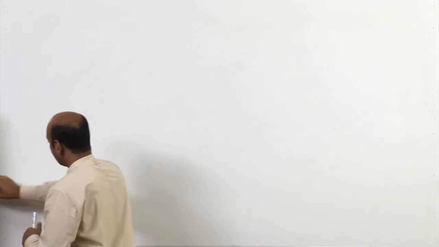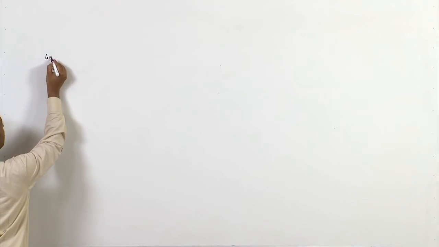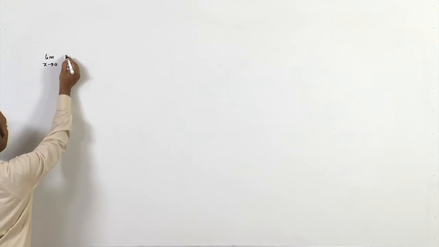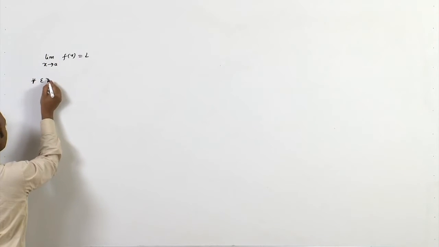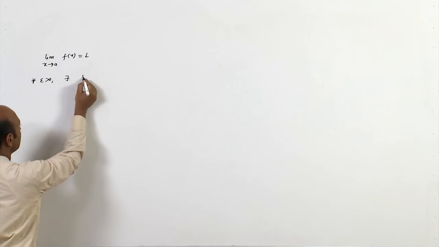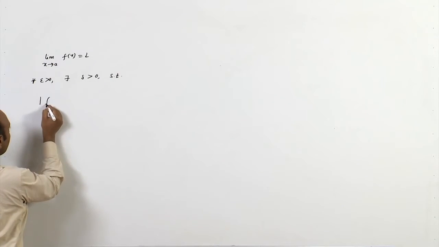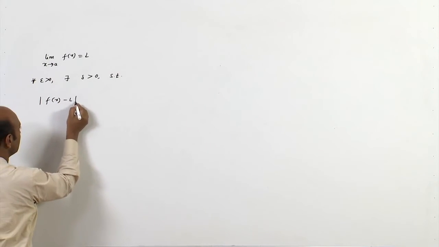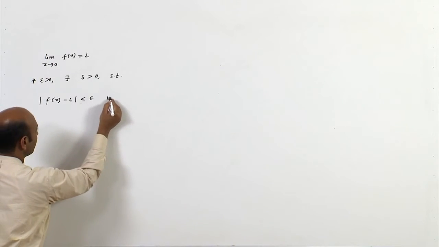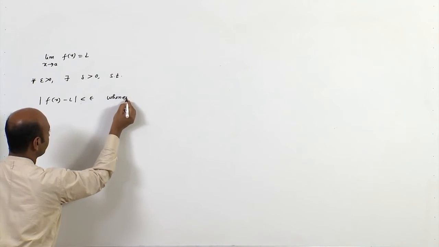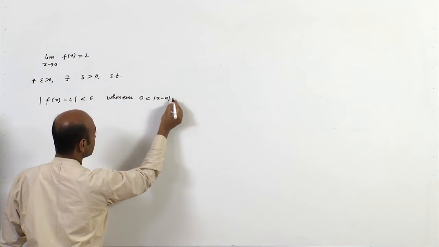Here we have limit x tending to a of f(x) equal to L. This means for every epsilon greater than 0, there exists a corresponding delta greater than 0 such that mod f(x) minus L is less than epsilon whenever 0 is less than mod x minus a less than delta.